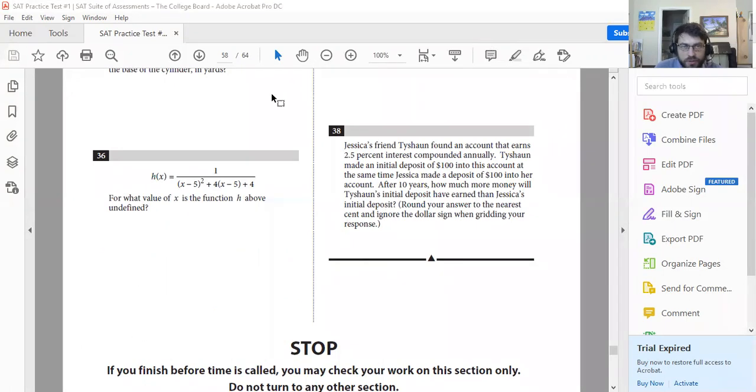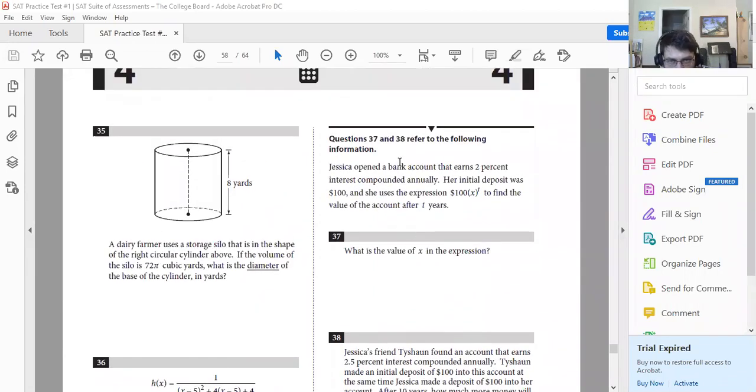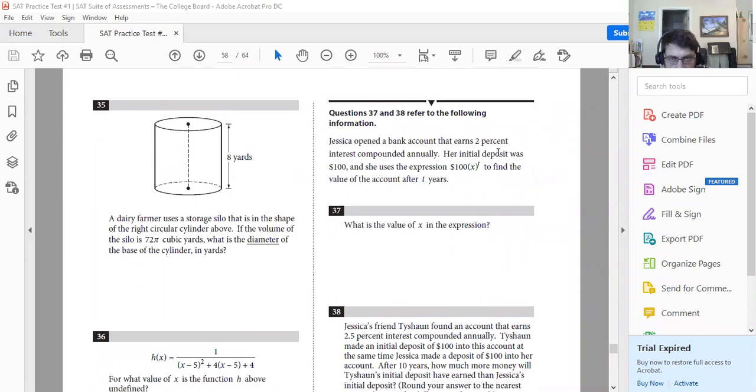And we're going to go to number 37. Jessica opened a bank account that earns 2% interest compounded annually. Her initial deposit was $100, and she uses the expression 100 times x to the t power to find the value of the account after t years. What is the value of x?